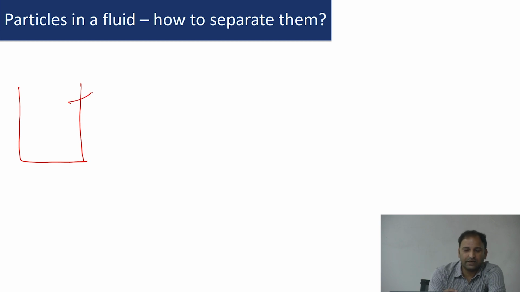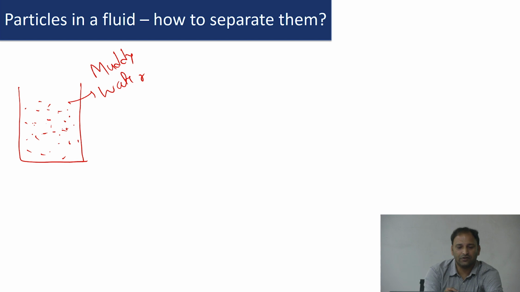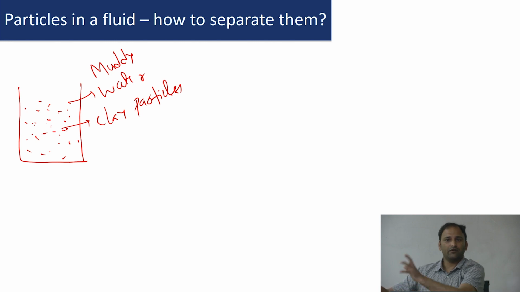Say that this container has water, and say it's muddy water, or rainwater if you want to call it that, okay. There are a lot of particles in it, right. You can think about these as maybe clay particles, right, because when you get rainwater, a lot of clay particles will be present in the water.